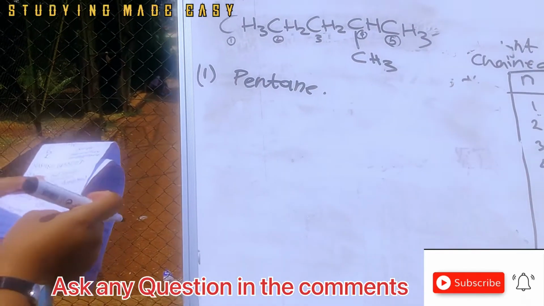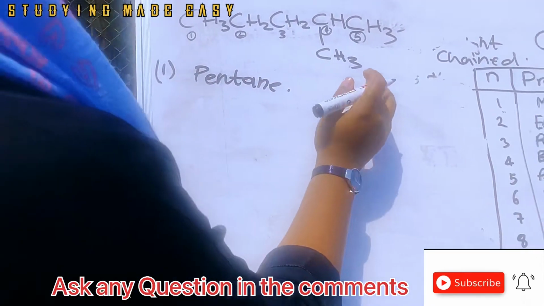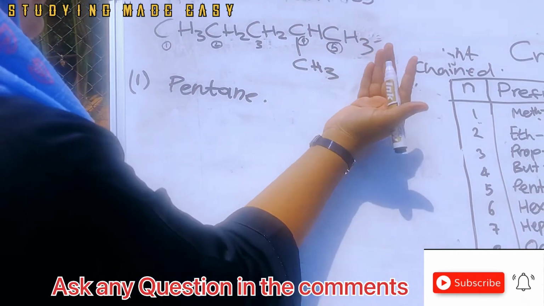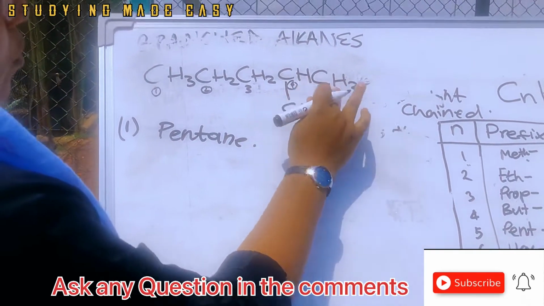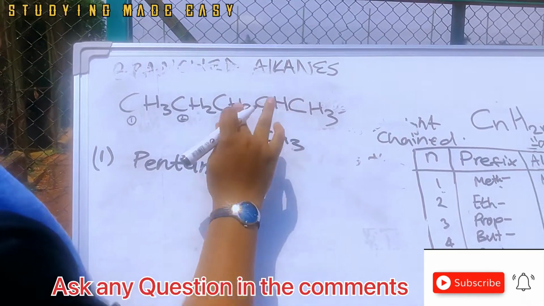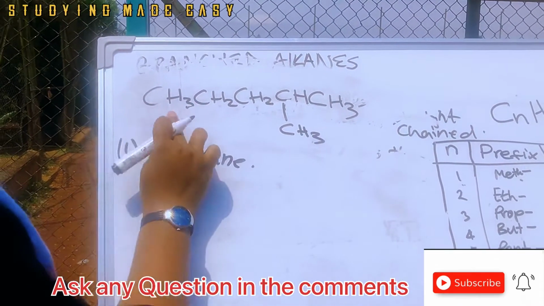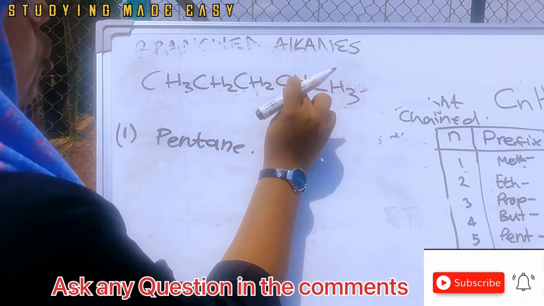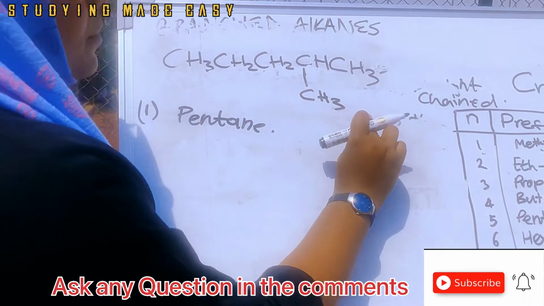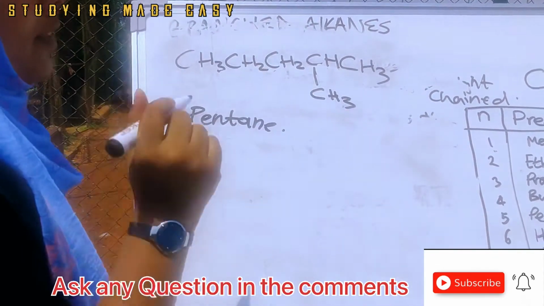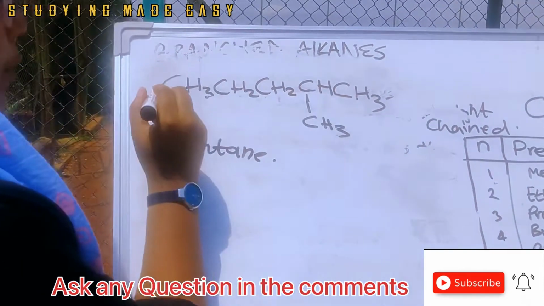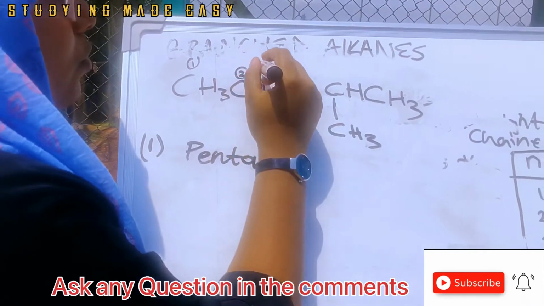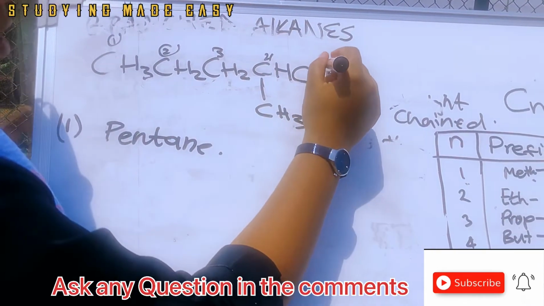Secondly, we're going to number the parent chain from the side closest to the substituent group. One thing you need to know is when numbering the parent chain, you should always give the substituent the lowest possible number. Alright? Because if we number from this way, this one is going to be 1, 2, 3, 4, 5.